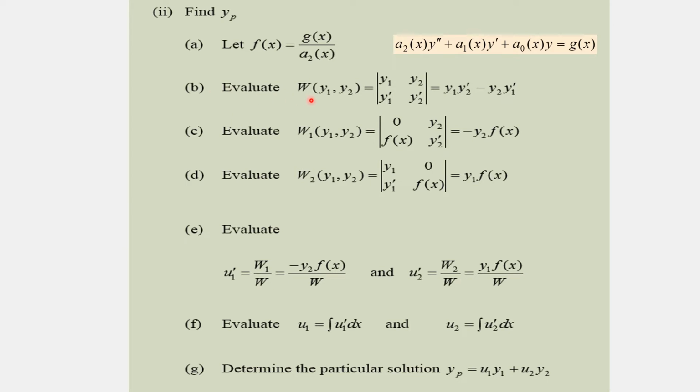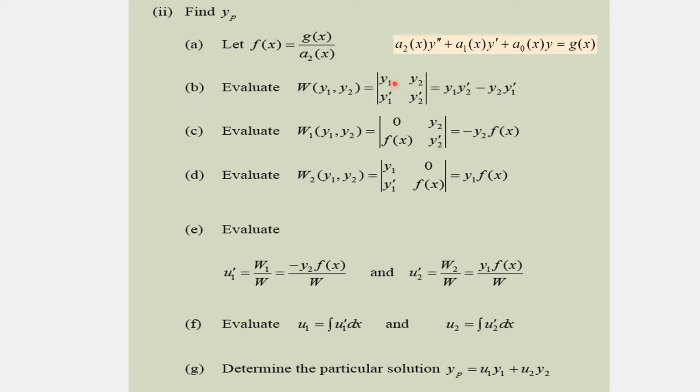Step B. Evaluate the Wronskian of y1 and y2. What are these y1 and y2? These two functions are those that we have found in the yc. The Wronskian W of y1 and y2 is given by this. You set up a determinant matrix of size 2 by 2. The entries in the first row will consist of the functions y1 and y2, whereas the entries in the second row will contain the first derivative of each of the functions in the first row.